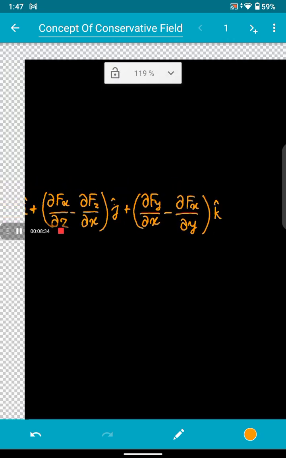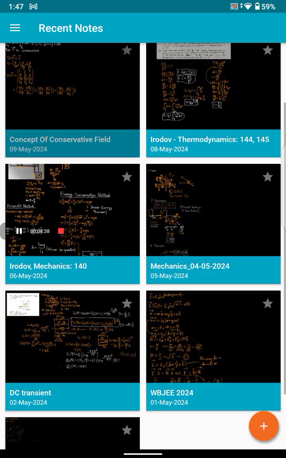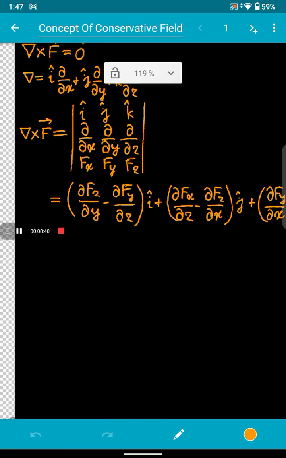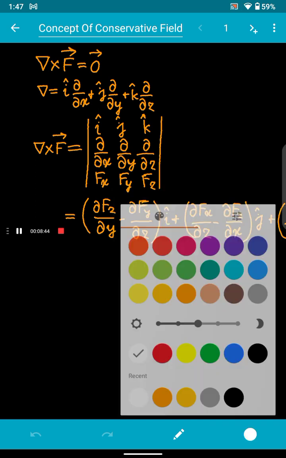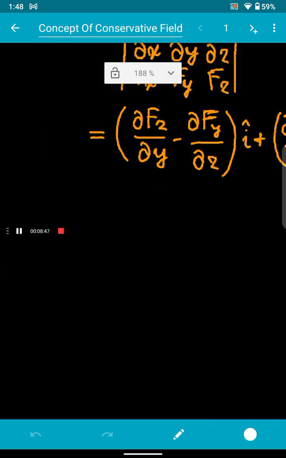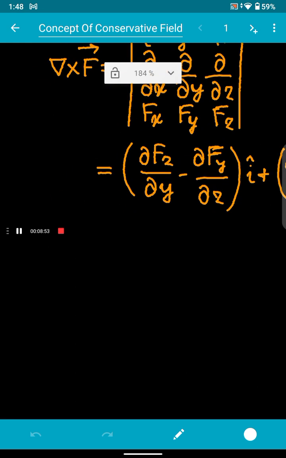So in 3 dimensions, this is the curl of f. Let me write now the main condition. Let some force be given in this form.